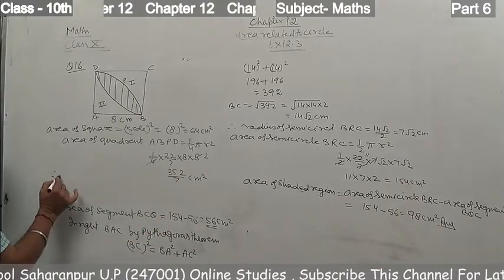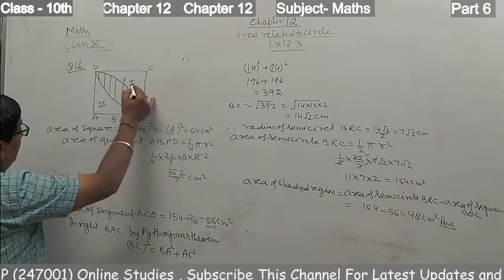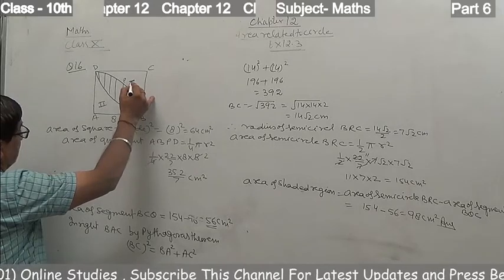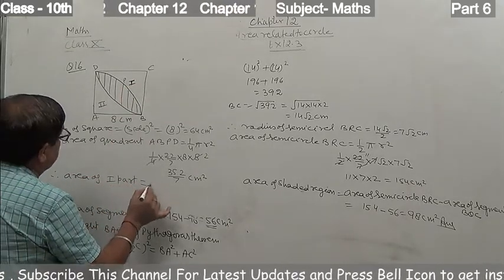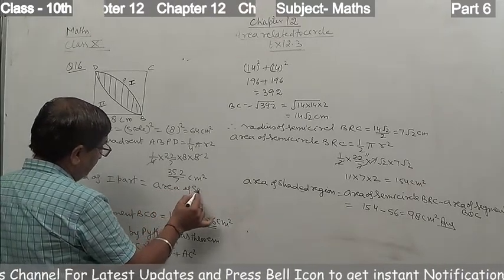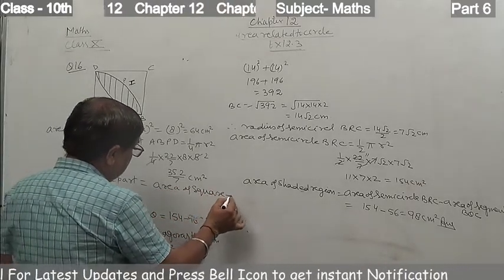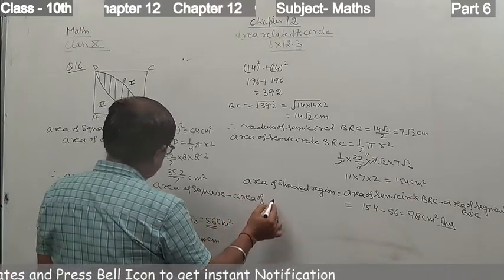Therefore, area of first part, this one, first part is area of square minus area of quadrant.